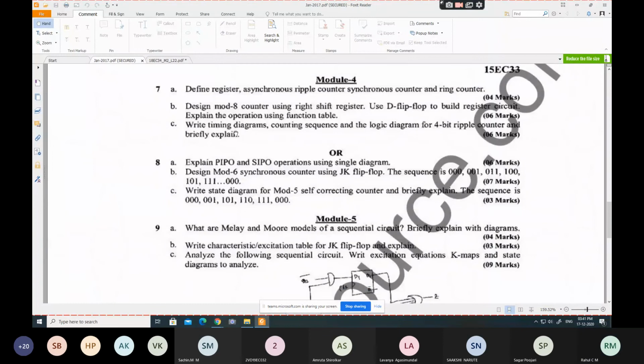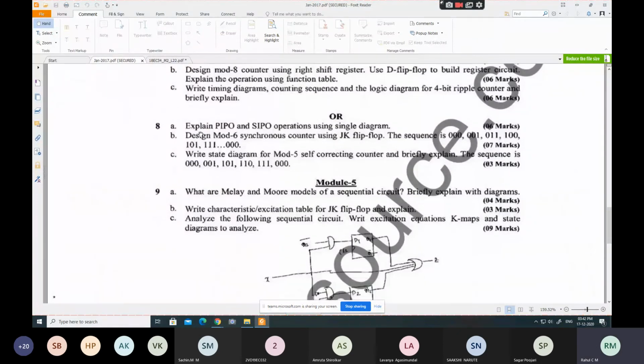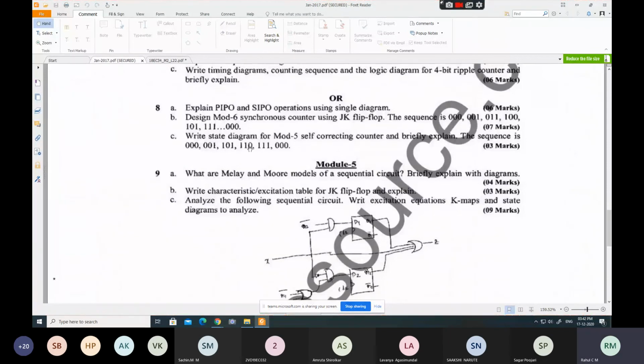Write timing diagram, counting sequence, and logic diagram for a 4-bit ripple counter and briefly explain. Next, design a mod 6 synchronous counter for a given sequence. Write a state diagram of a mod 5 self-correcting counter and briefly explain the sequence.